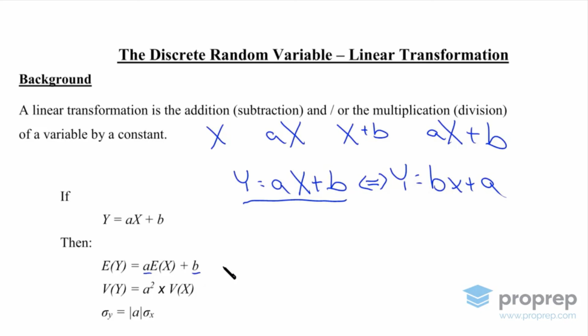And the variance of y is a squared times the variance of x, with the same a. Once we've calculated the variance, the standard deviation is easy. It's just the square root of the variance of y, which is equal to the absolute value of a times the standard deviation of x.